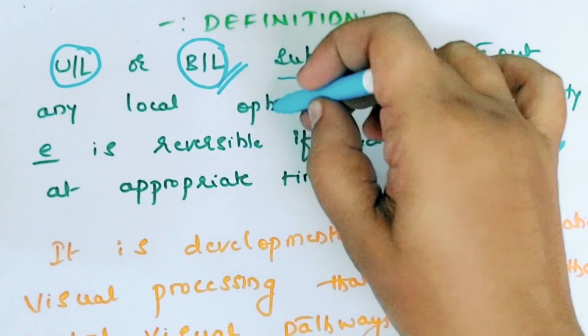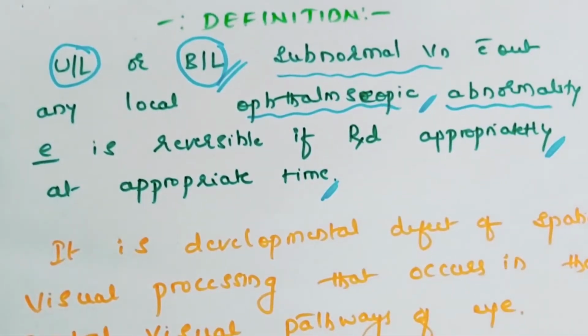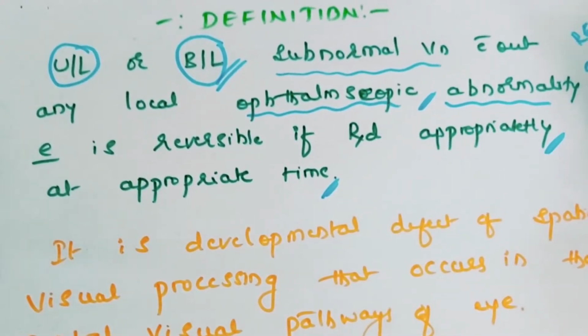The phrase "without local ophthalmic abnormality" matters because the causes I mentioned are all local ophthalmic abnormalities. If you have treated those, like giving proper correction for a refractive error, doing cataract surgery and placing an intraocular lens, or correcting ptosis, and in spite of all this, once the eye becomes normal there is still no improvement in vision, that is the definition of amblyopia.